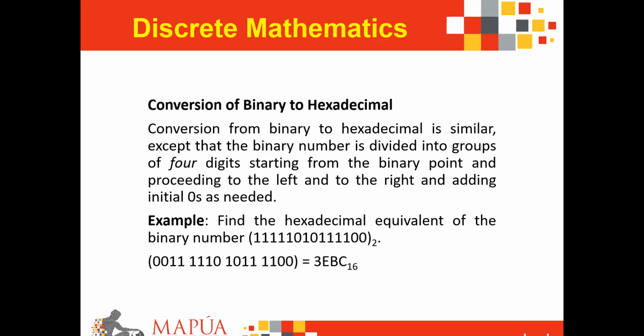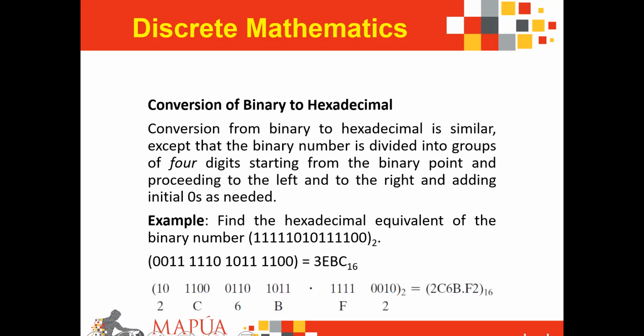And accordingly, we simply convert each group of 4 into a hexadecimal character. This is equivalent to the character C, this one B, this one E, and finally this one into a character of 3. Therefore, the hexadecimal equivalent of this particular binary number is 3EBC base 16.